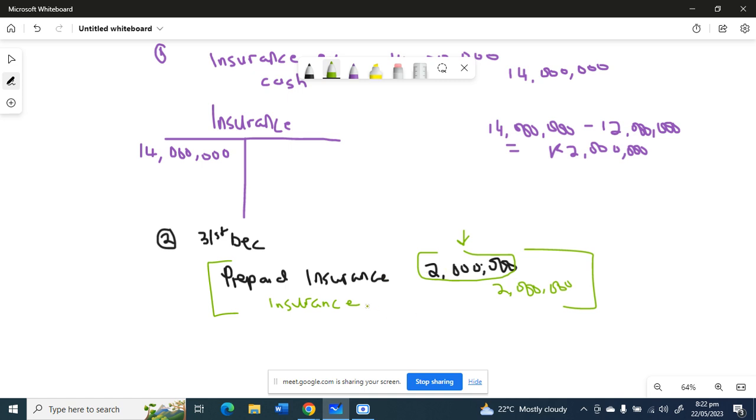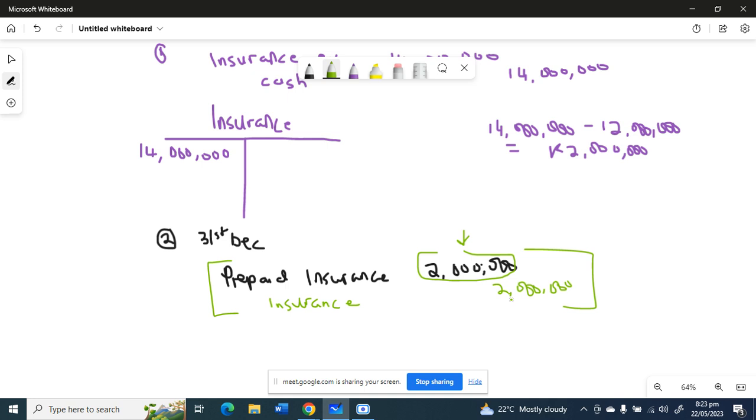Then where we're crediting the insurance expense 2 million, on the statement of profit or loss, whenever you see additional information about a prepayment, you always deduct it from the expense shown in the trial balance or in the information given to you.